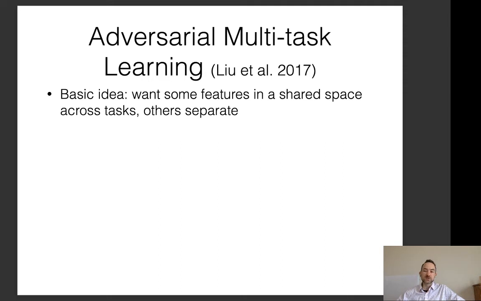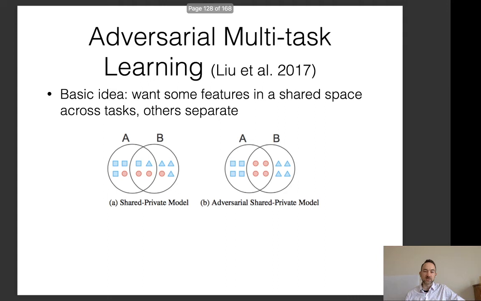So we want some features in a shared space across tasks and others separate. So this is something called a shared private model, where we basically have some private features that are used only for a particular task, task A or task B, and then we also have some shared features that are used for both.